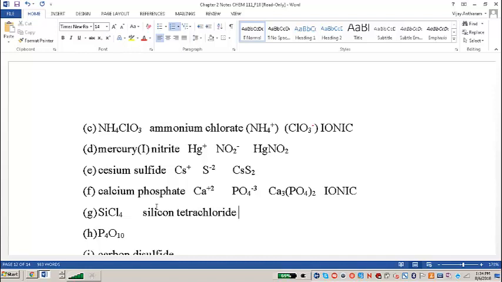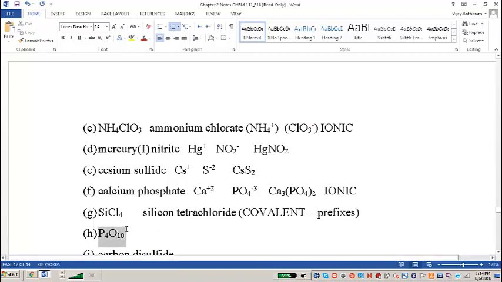Silicon tetrachloride. It's covalent, use those prefixes. Well, we don't use mono per se. Di, tri, tetra, penta, hexa. How will you name this? P is a nonmetal, O is a nonmetal. Ask yourself the question, is this ionic or covalent?